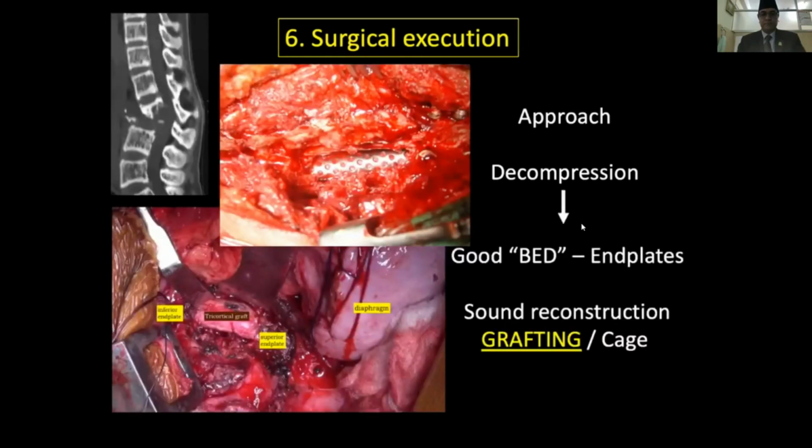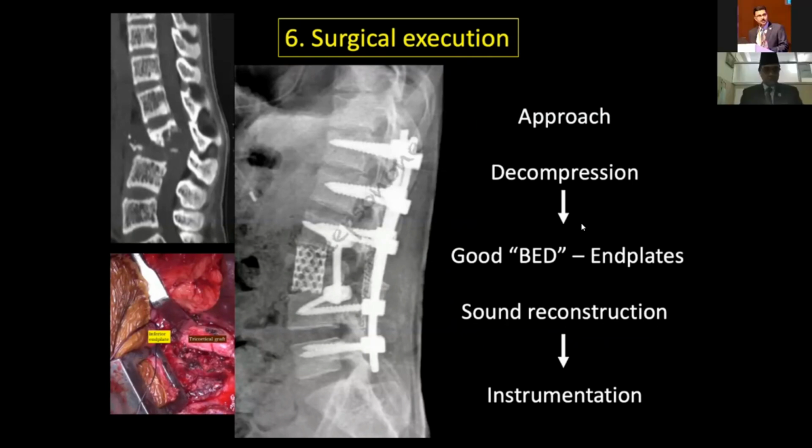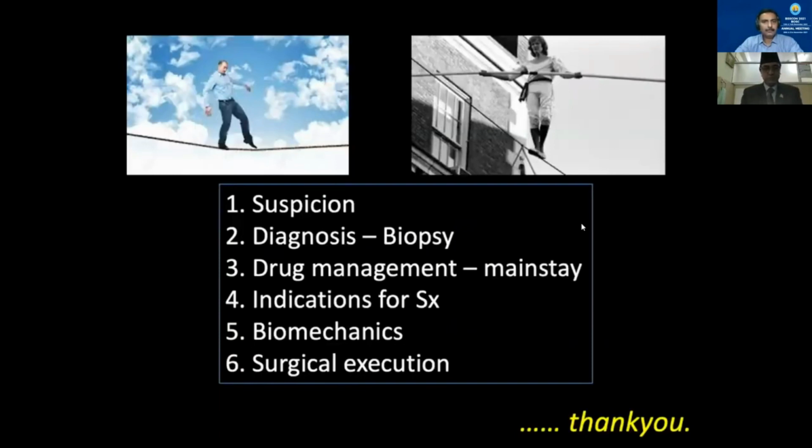What I want to emphasize over here is that you need to have a good bed or so-called end plate preparation for sound grafting and reconstruction. In fusion of the spine, grafting remains the most important stage. And finally, you need to supplement the whole construct, that is decompression, grafting, with a good amount of neutralizing instrumentation.